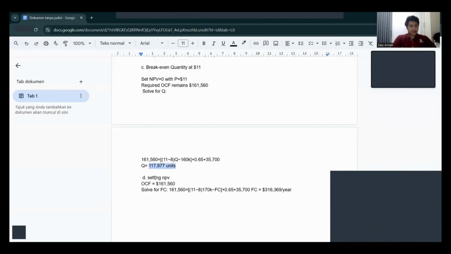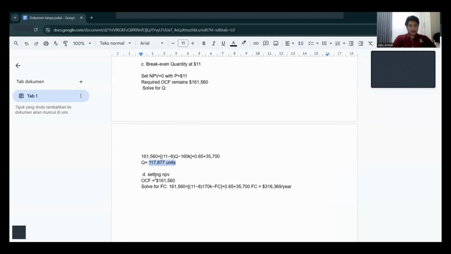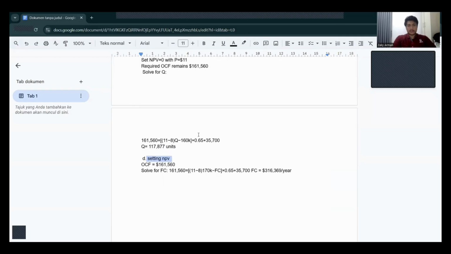And the next one, we have to set the NPV by using operating cash flow equal to 161,560.